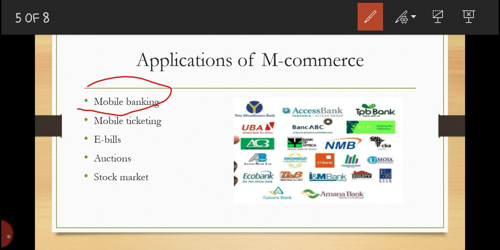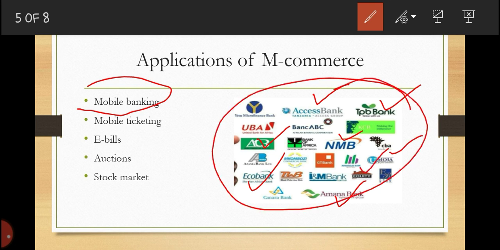As you can see here, we have several banks like Access Bank, TPB Bank, NMB, ACB Bank, Eco Bank, Amana Bank, the CRDB, the Umoja Bank, the Equity Bank. All these banks in Tanzania have mobile applications that they use in providing mobile banking services.